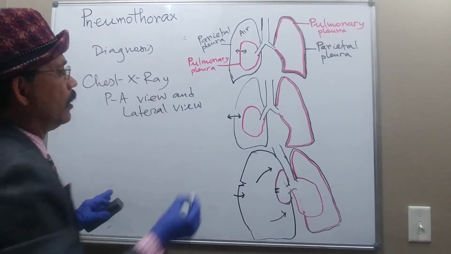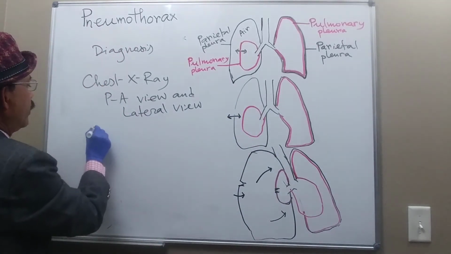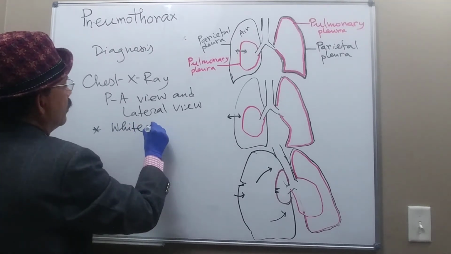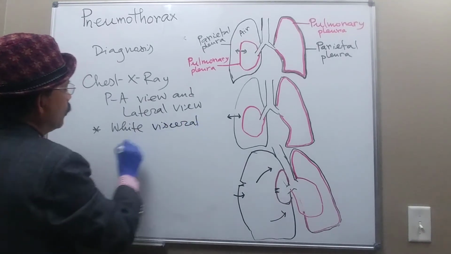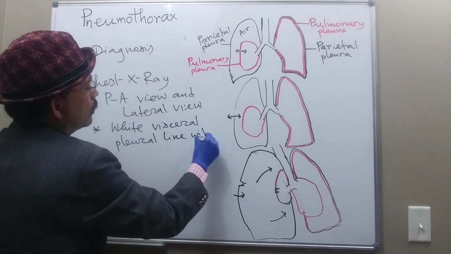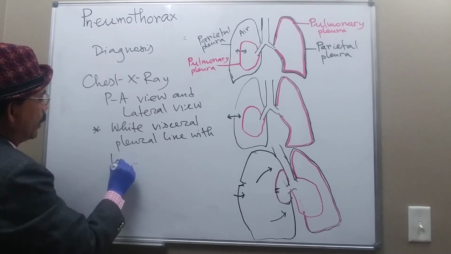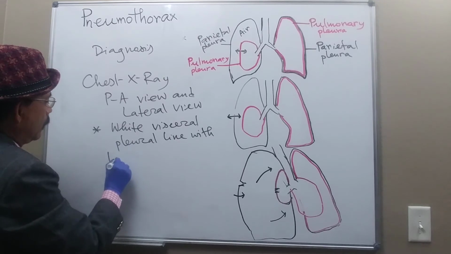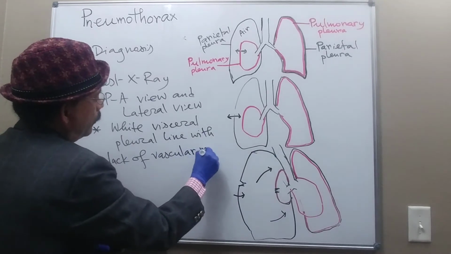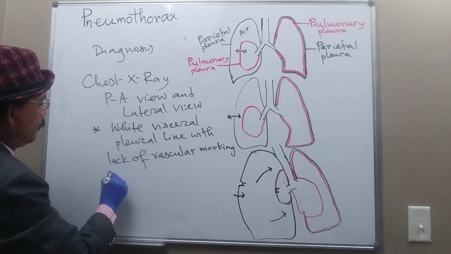What we see in the chest X-ray is a comparatively white visceral pleural line with lack of vascular marking outside the white line.